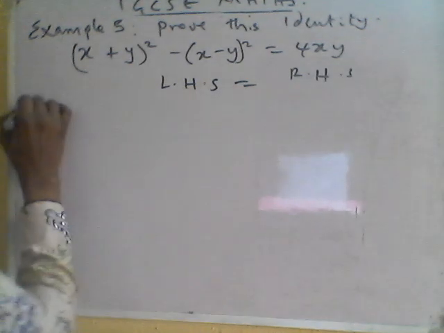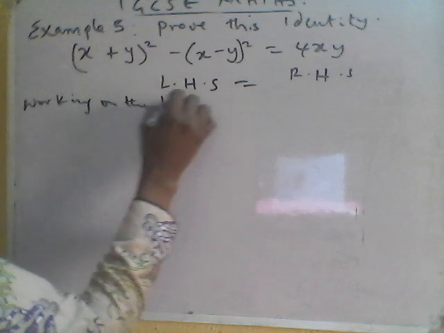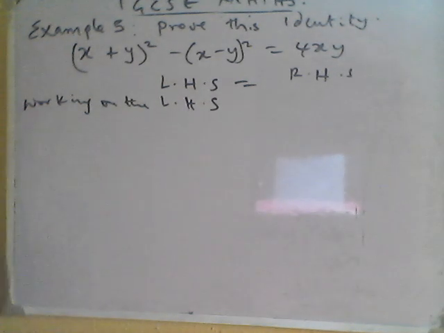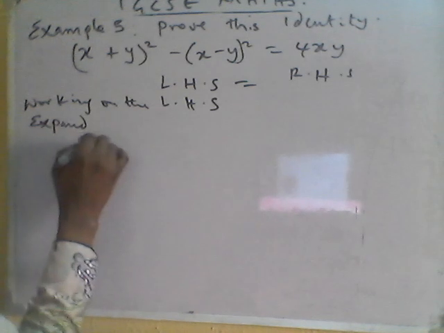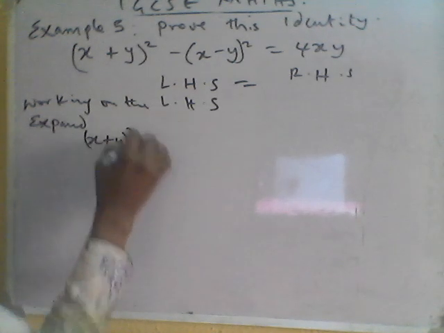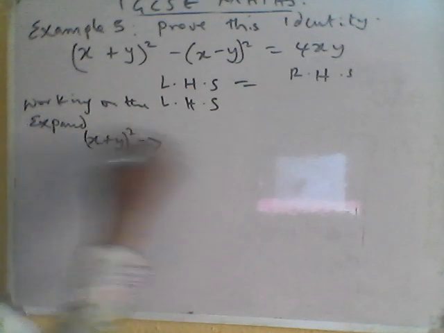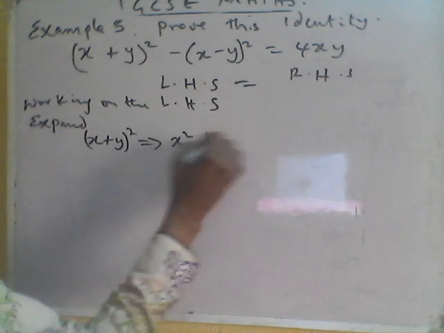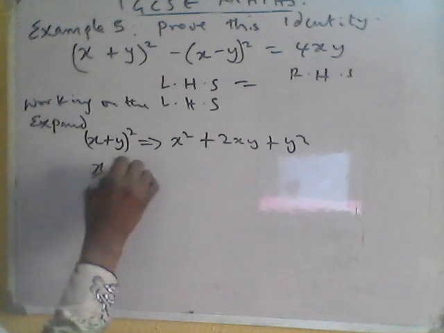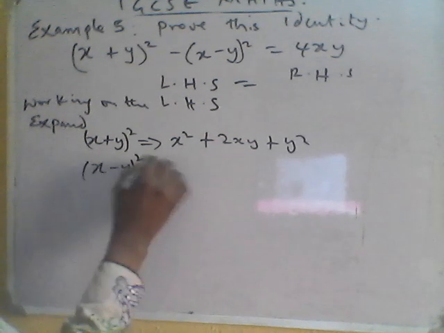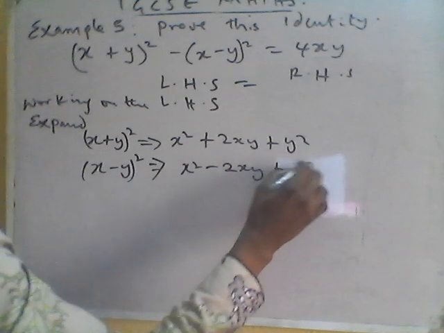So I'll say working on the left hand side, I will expand this term, (x plus y) squared, which is x squared plus 2xy plus y squared. Expand this one, the identity will be x squared minus 2xy plus y squared.